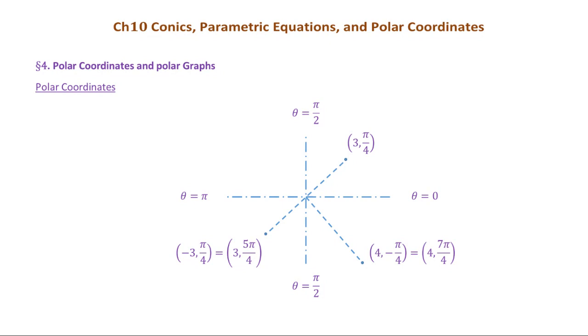In that case, you just change the sign of the r value to -3, and the angle theta is still pi over 4, because the operation here is just to reflect the point, and that only changes the r value to negative.